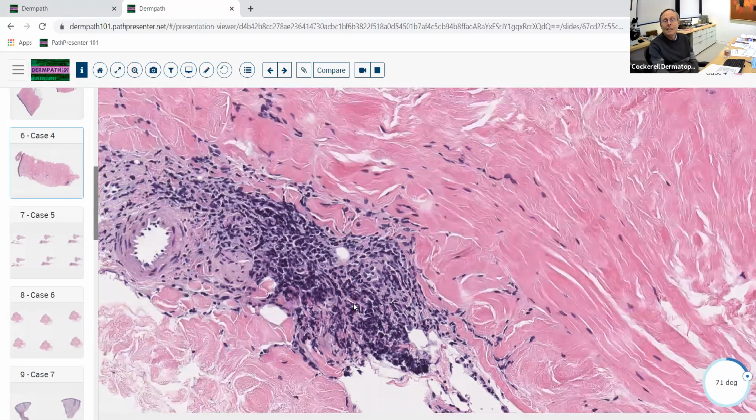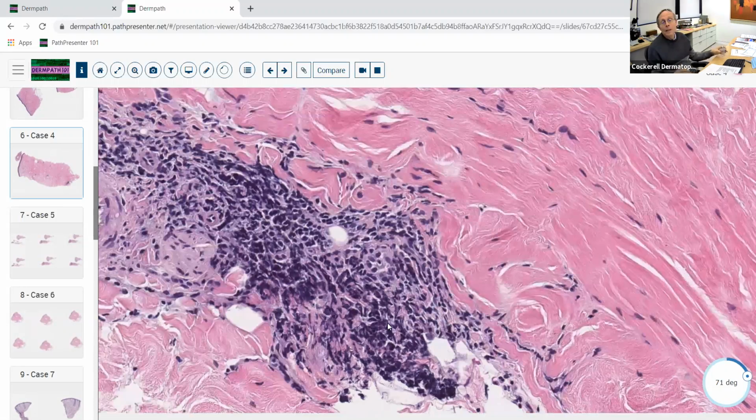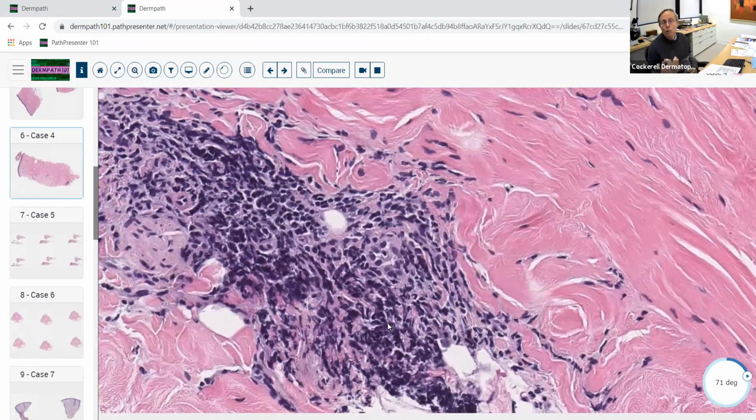And if you see that, that's a helpful clue that you're really dealing with one of these sclerosing processes, and not just some sclerosis that may be present coincidentally, or maybe you think it's just a thick dermis or a collagenoma, for example, which can look a little bit like a sclerotic process. If you see aggregates of lymphoid cells and plasma cells, that helps in the diagnosis.